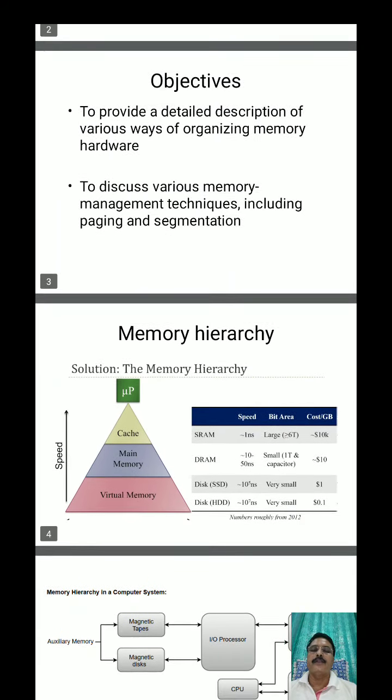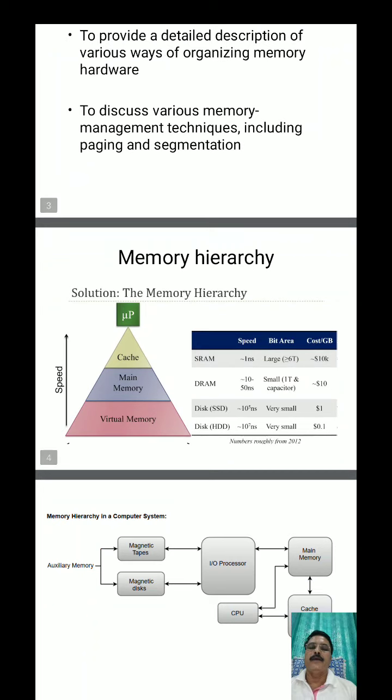Now if you have a look at this diagram, there is a pyramid structure, and at the top of the pyramid there is a microprocessor, and below that there is cache memory, and just below that there is main memory, and at the bottom there is virtual memory.